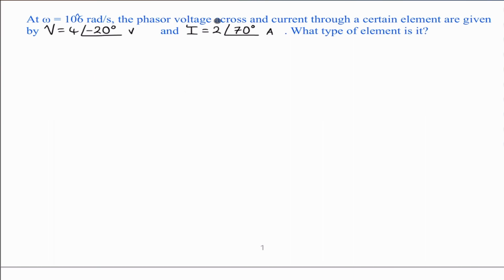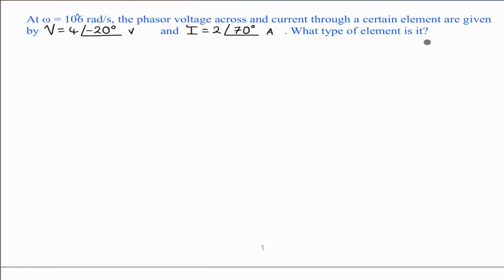The phasor voltage across and the current through a certain element are given by the phasor components of a voltage signal and a current signal. So what type of element is it?